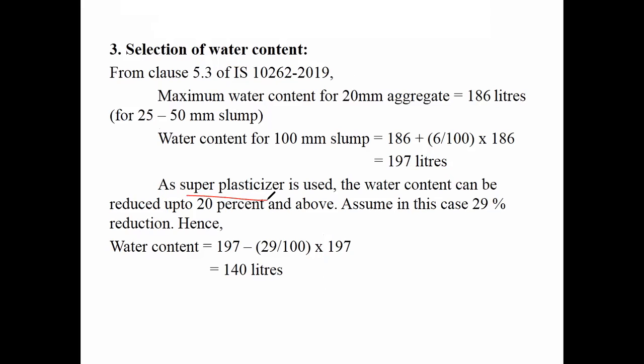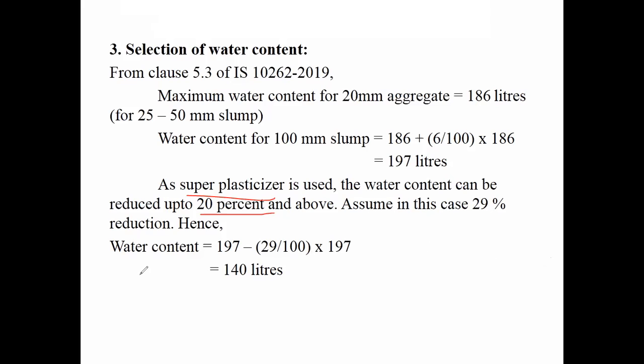So you are going to use the superplasticizers. You know the water can be reduced by up to 20% or above. On average they take 20%. Here they are assuming 29% reduction. We all know superplasticizers give 30% reduction, and if it is a plasticizer you take 15%. But here they are reducing it by 1% and simply taking 29%.